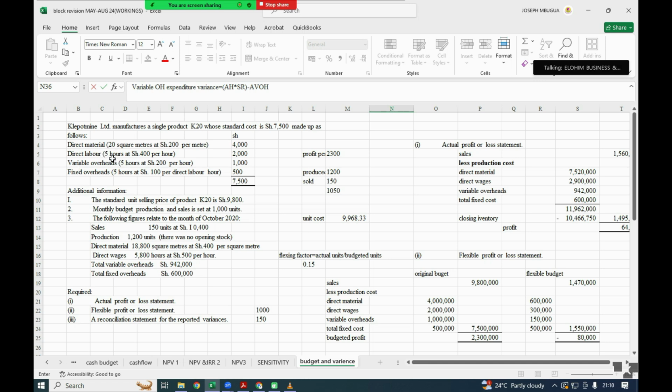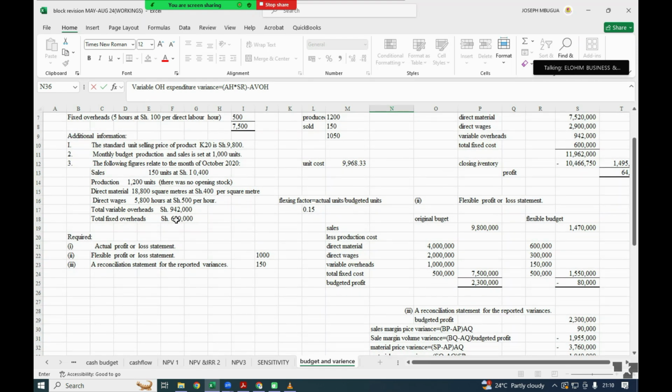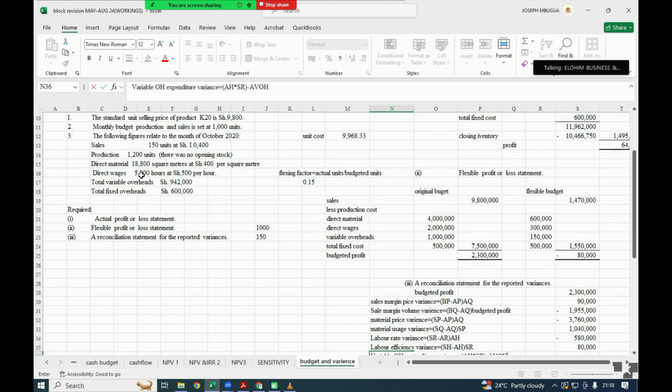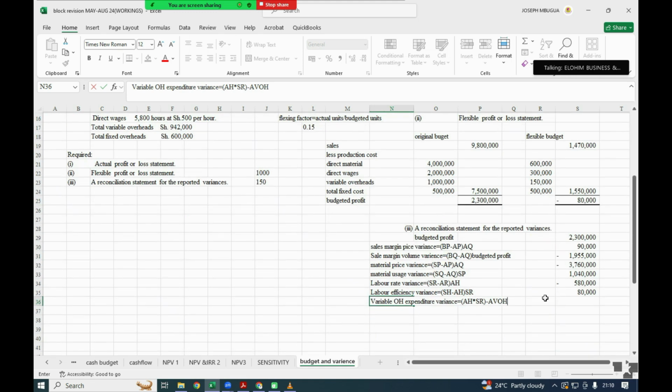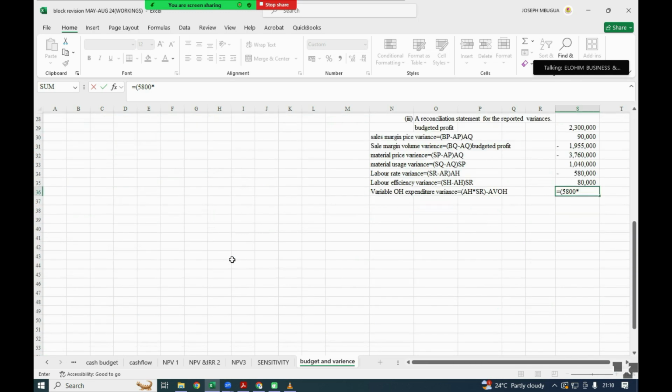Both of them have the same number of hours. Therefore, because the absorption basis is the same, the same hours will be applied there. So when you talk about the actual hours, at the standard rate, our standard rate per hour was 200, what we had budgeted.